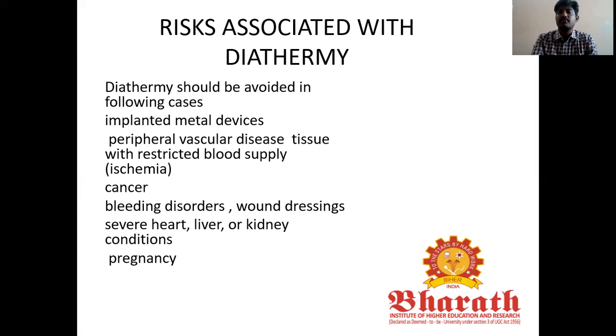Diathermy should be avoided in the following cases. They don't know whether they have implanted metal devices or not, but they are being treated.